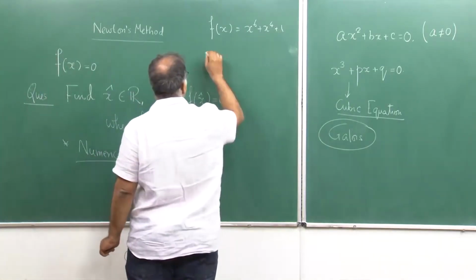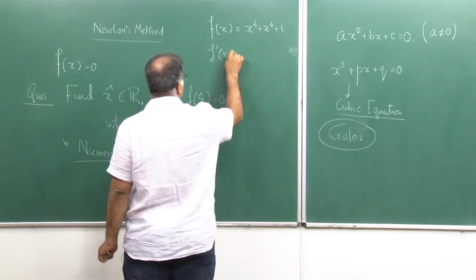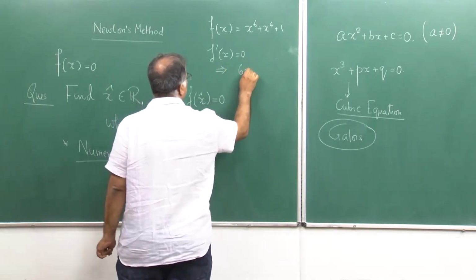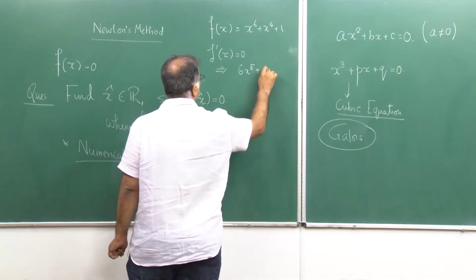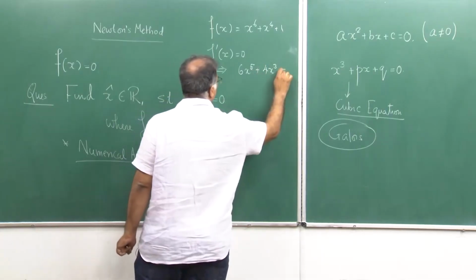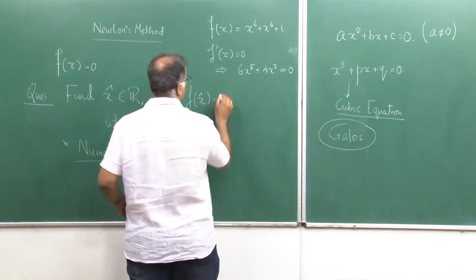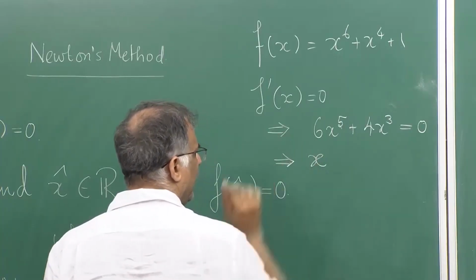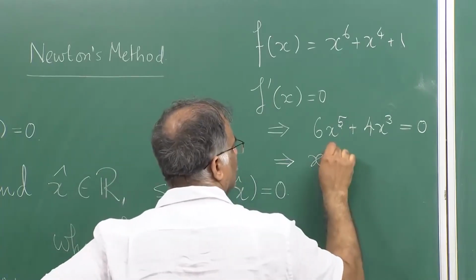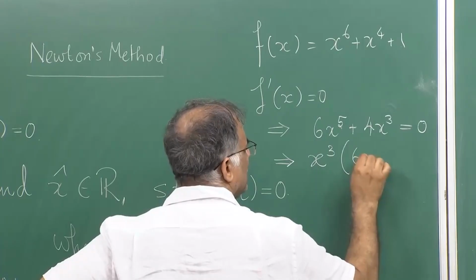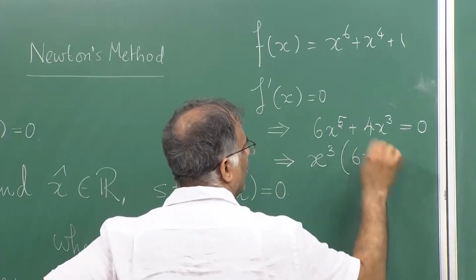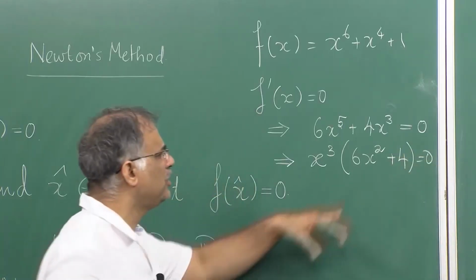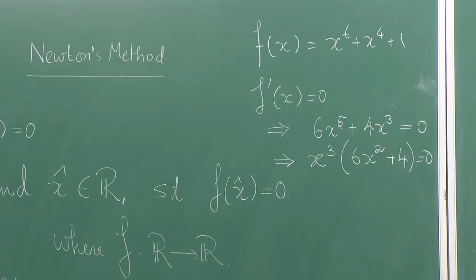This is a differentiable function, and so your first step would be to take the derivative, and this immediately gives you 6x^5 plus 4x^3 equal to 0. So here you would immediately have x cube times (6x square plus 4) equal to 0. So either you have x cube equal to 0 or this equal to 0. So you will be able to solve it.